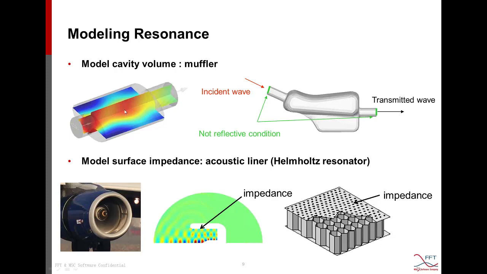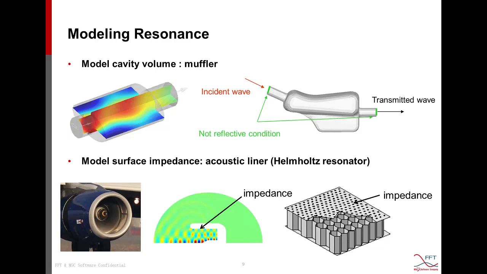So we're not using a 1D assumption in the muffler study. And in terms of modeling, we will apply an incident acoustic wave at the inlet of this muffler. So part of the wave is transmitted from the outlet, and some of the wave is reflected due to the shape change back to the upstream.